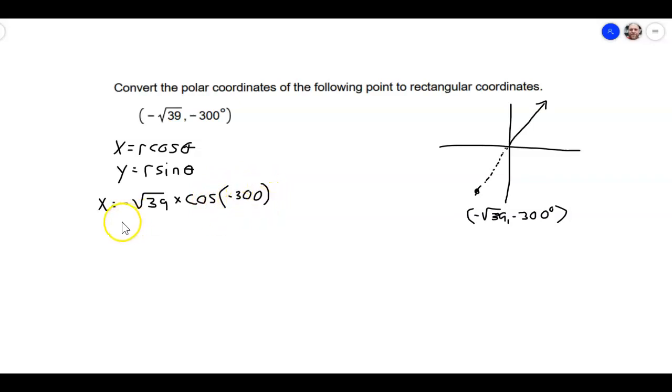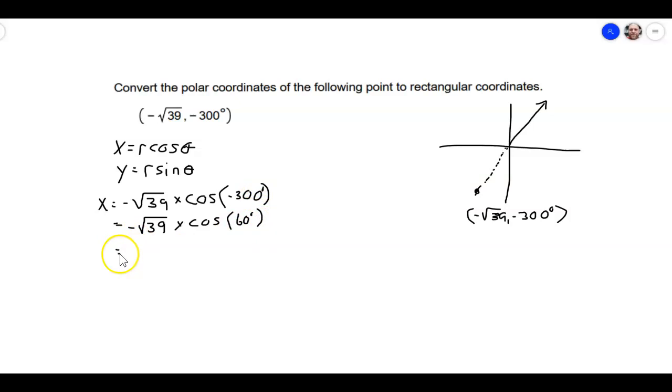So this is equal to negative root 39, and I'm going to use coterminal angles, so that's the same as the cosine of 60 degrees.